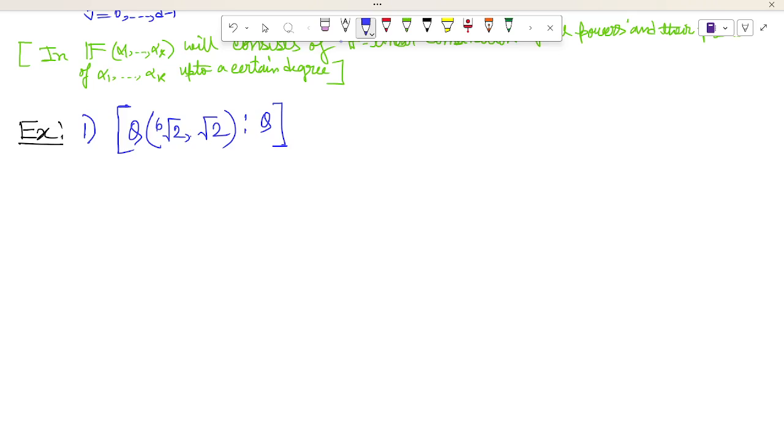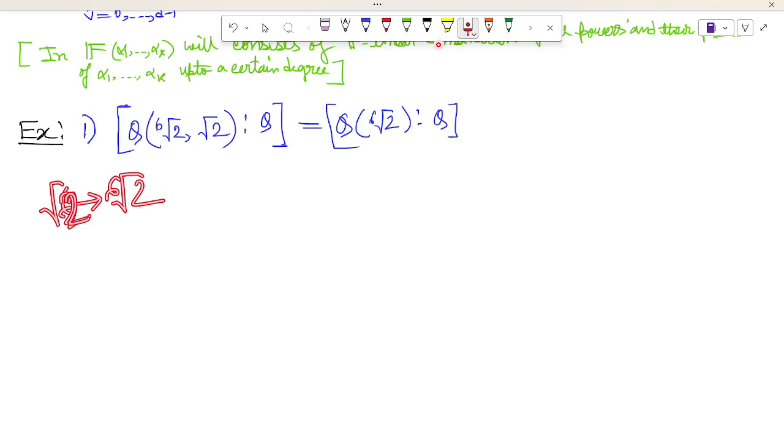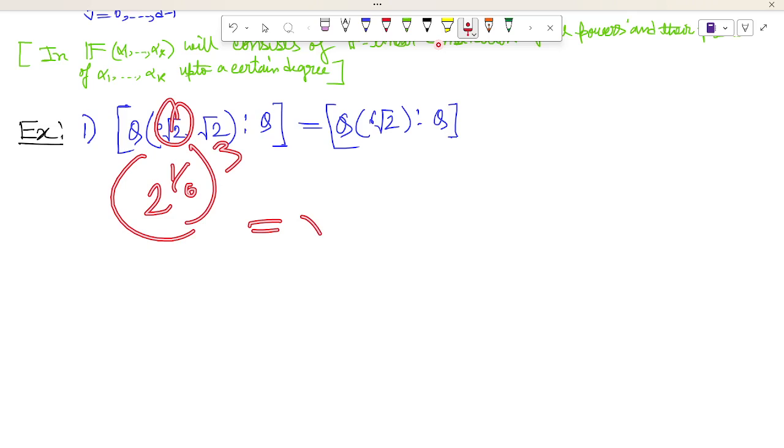It is observed that this is actually, because this thing is already contained here. This is 2 to the power 1 by 6. If you cube this, you will get this.